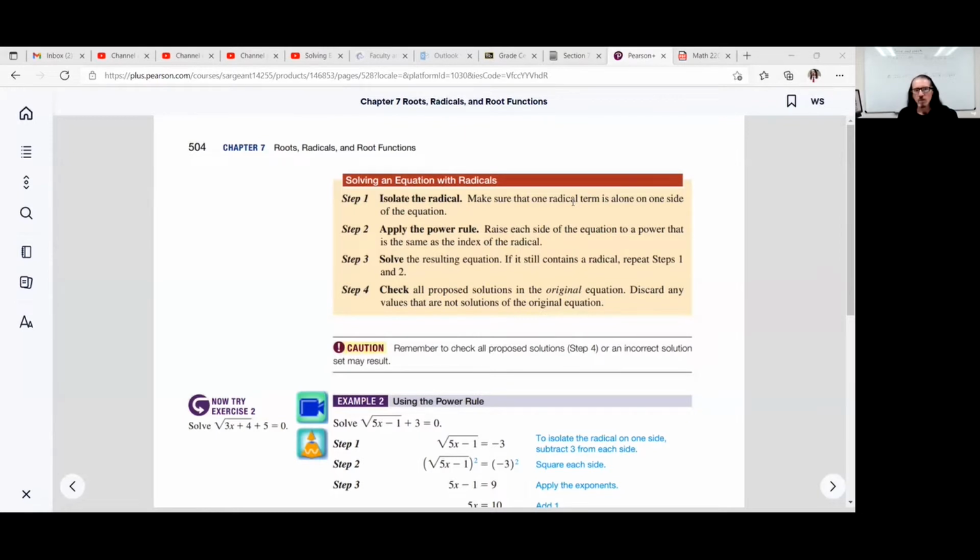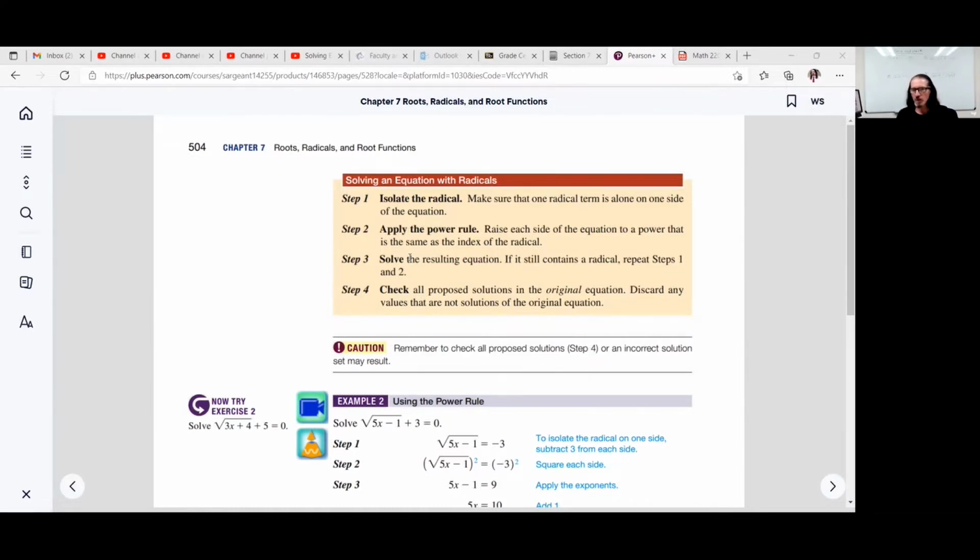Then you're going to get a new type of equation. It'll be either linear, where x is only to the first, or you could get a quadratic equation where you see an x squared in there. However, we will see sometimes the solutions to the new equations are not solutions to the original equation.